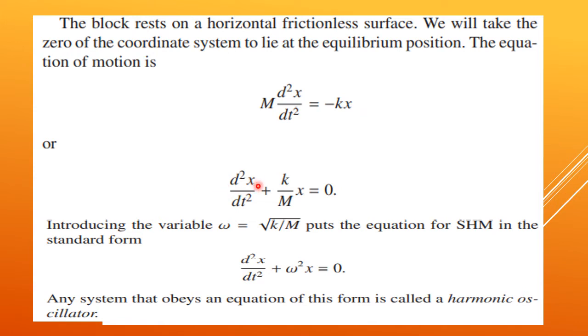On rearranging, you get d²x/dt² + (k/m)x = 0. Introducing a variable omega equal to the square root of k/m, we get an equation in the standard form: d²x/dt² + ω²x = 0. This is the equation for simple harmonic motion, and any system that obeys this equation is called a harmonic oscillator.